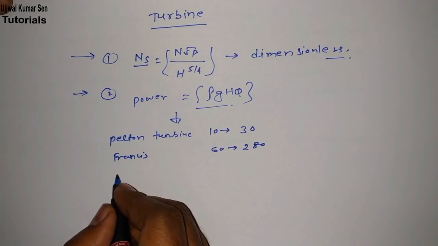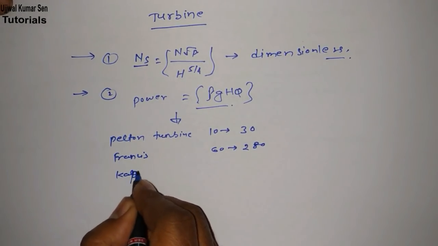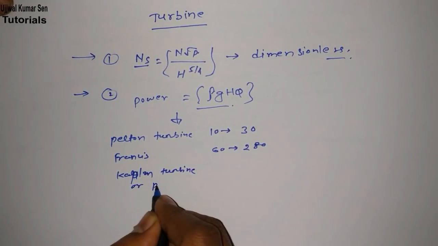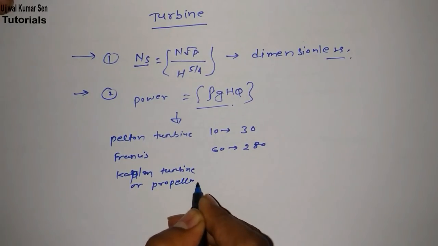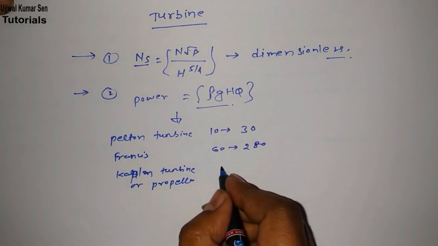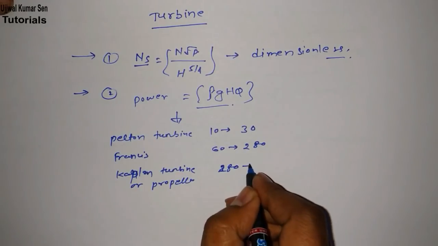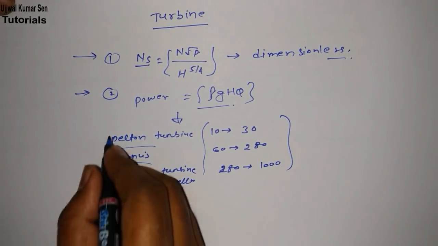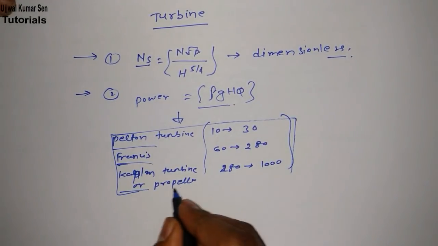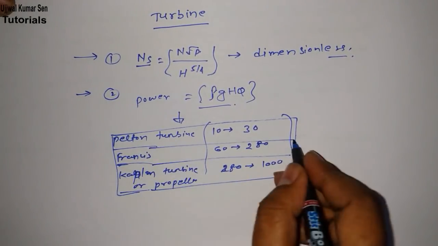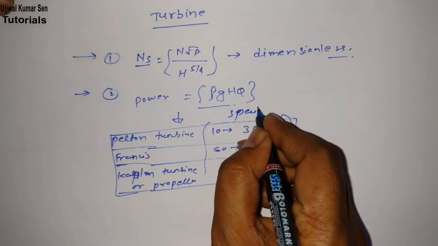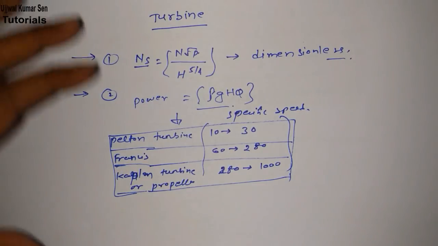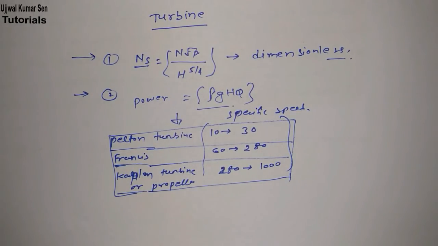And for the Kaplan turbine or propeller turbine, they have the maximum specific speed, about 280 or 300 to 1000. These are the three types of turbines we use these days, along with their specific speeds. Based on these data we can solve that numerical problem.